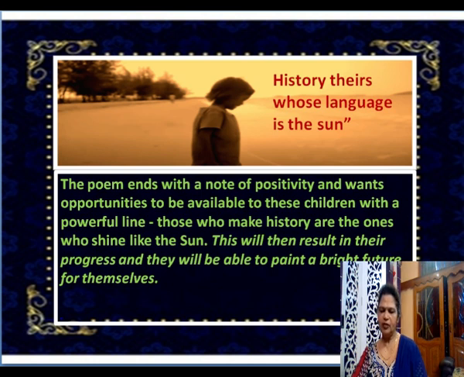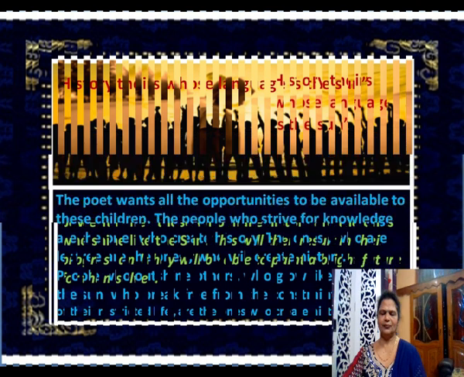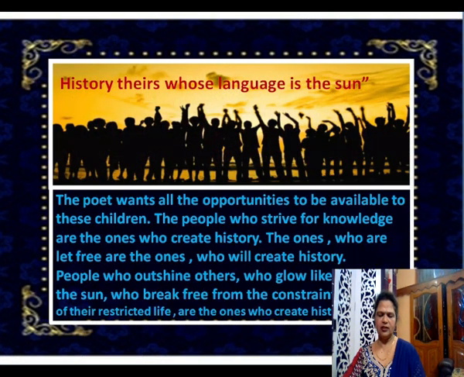The poet ends with a note of positivity and wants opportunities to be available to these children with a powerful line. Those who make history are the ones who shine like the sun. Also, the poet wants that all the opportunities must be available to these children.